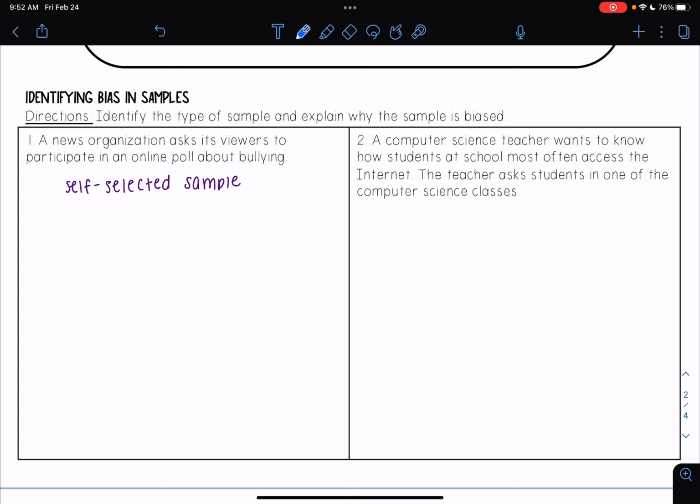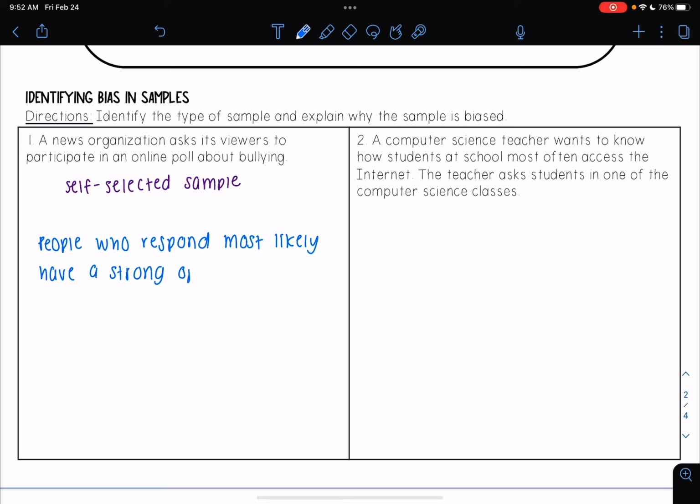So this sample is biased because people who respond most likely have a strong opinion about bullying. That means the population that maybe doesn't have a strong opinion about it is going to be misrepresented or underrepresented in this poll.